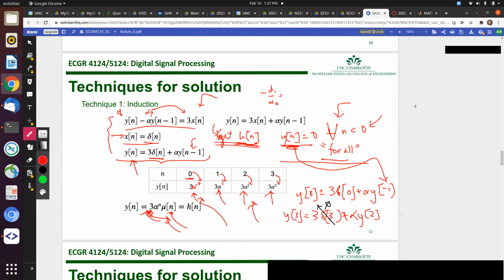What's D0? 1. What's D1? Negative alpha. What's minus D1 over D0? Alpha. Alpha to the n. Lambda to the n. We just solved for lambda. It's alpha.